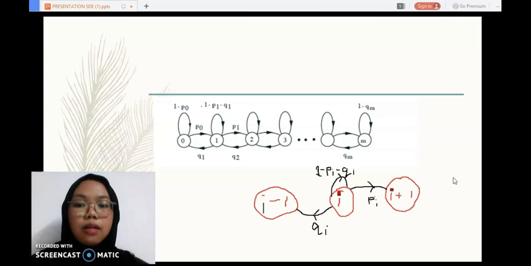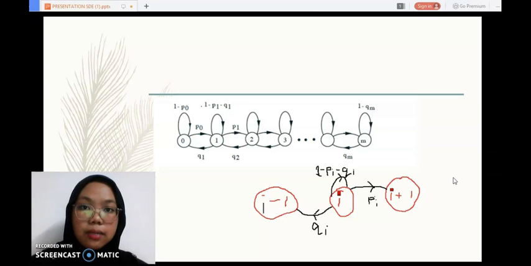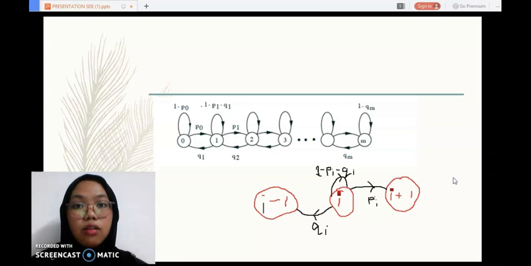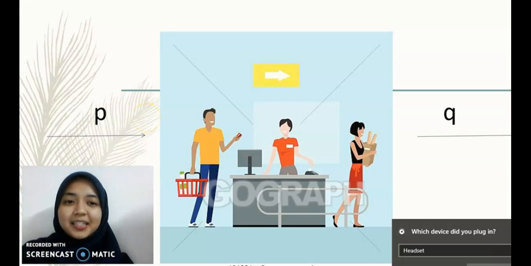There are many practical applications of this model. An example of such a Markov chain is a supermarket counter where the state represents the number of customers in the queue. A customer arrives and the queue increases by 1. A customer leaves and the queue decreases by 1. Or nothing happens and the queue stays as it is.